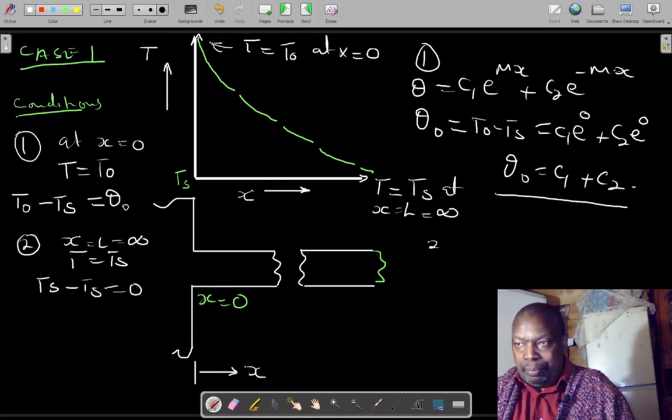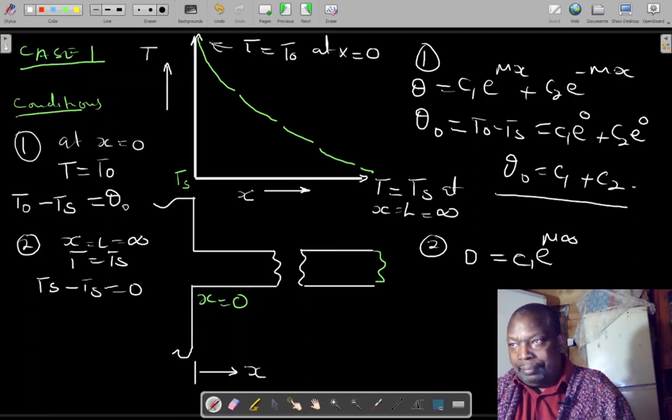Now, applying the second boundary condition, at x is equal to L, which is infinity, we have theta is equal to 0, which is equal to C1 e raised to the power of m times infinity plus C2 e raised to the power of minus m times infinity.